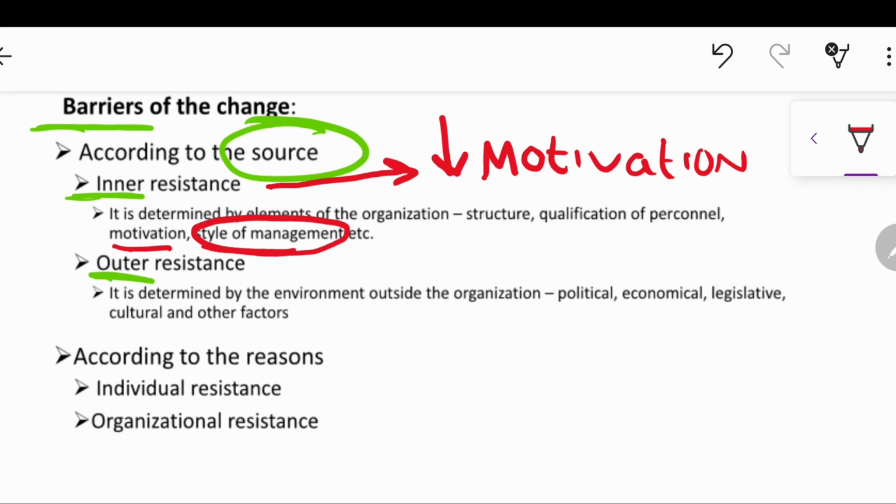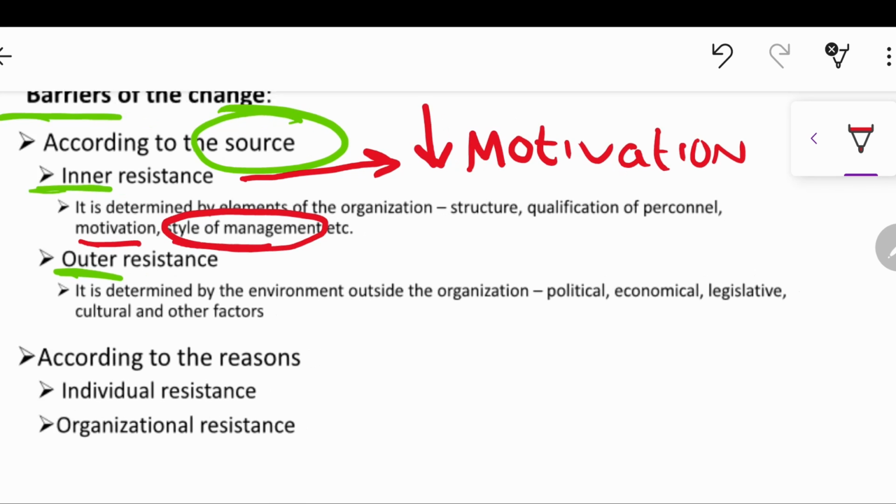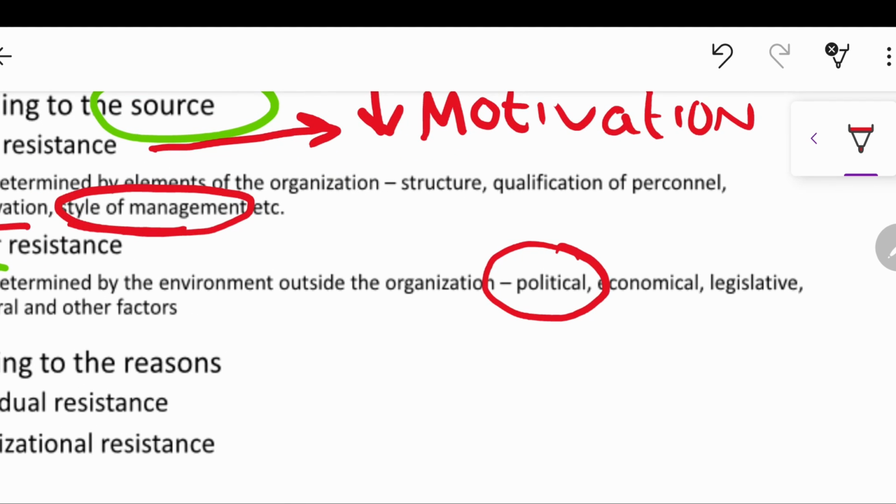The outer resistance, however, is things outside of the company. Maybe there's a political resistance. All right. Maybe the public doesn't want a hospital to be built or a medical center to be built. Maybe there isn't any economical incentive.